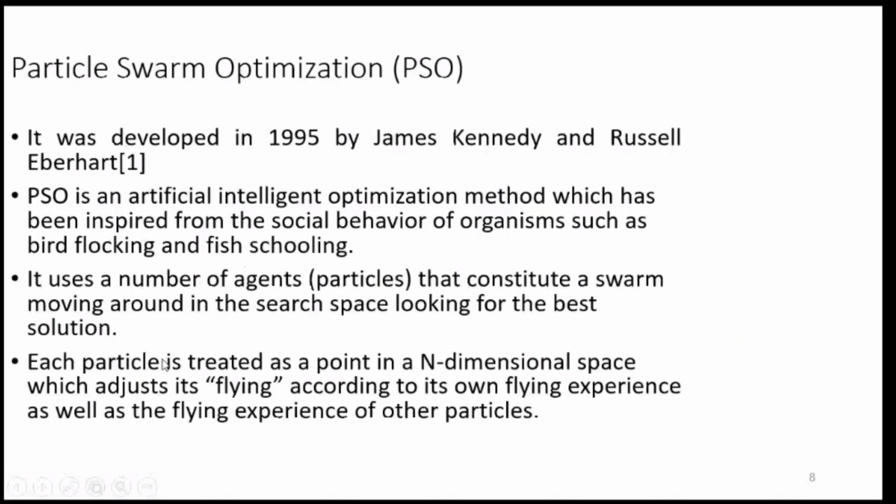Okay, so now let us study the particle swarm optimization method. That method was proposed by James Kennedy and Russell Eberhart in 1995 in one of the conference papers. PSO is an artificial intelligence optimization method which has been inspired from the social behavior of organisms such as bird flocking and fish schooling.